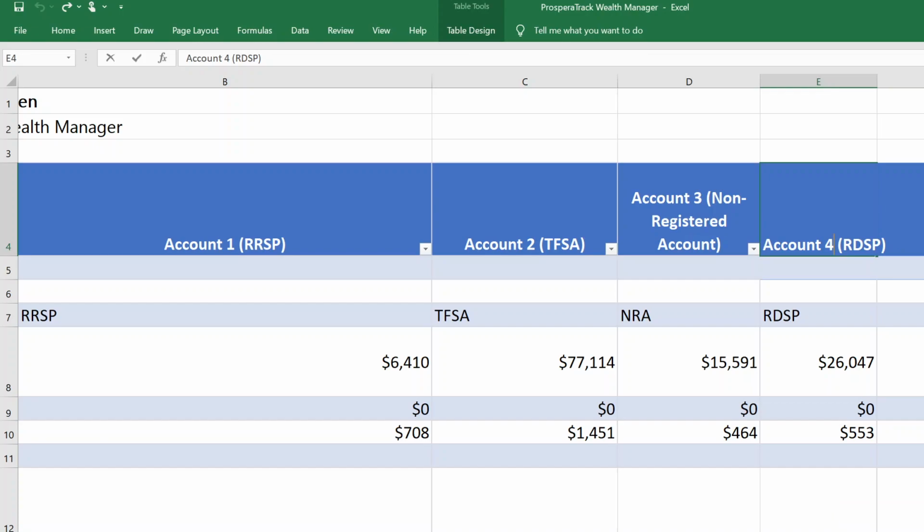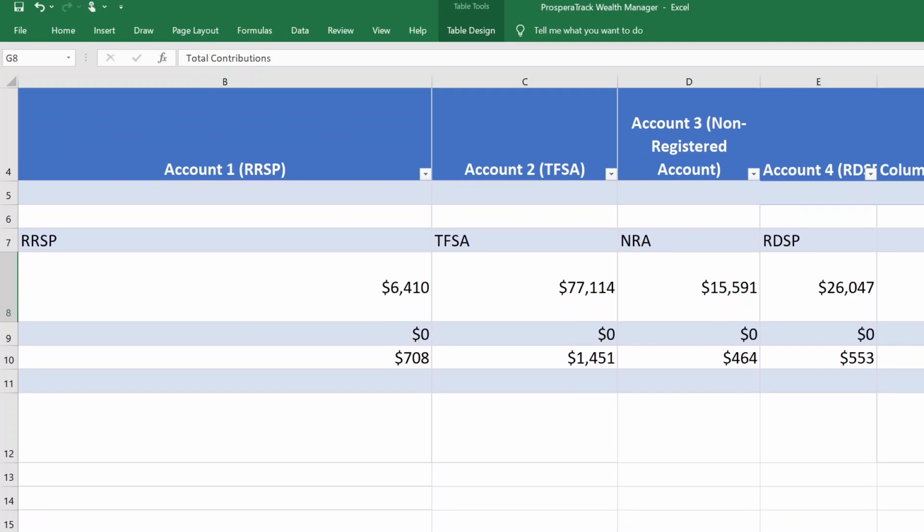Similarly, my RDSP account is the fourth account that's tracked using this template or tool. And the last column adds up the entire value of all the accounts and gives you an overview of the entire value of the portfolio at the bottom here.